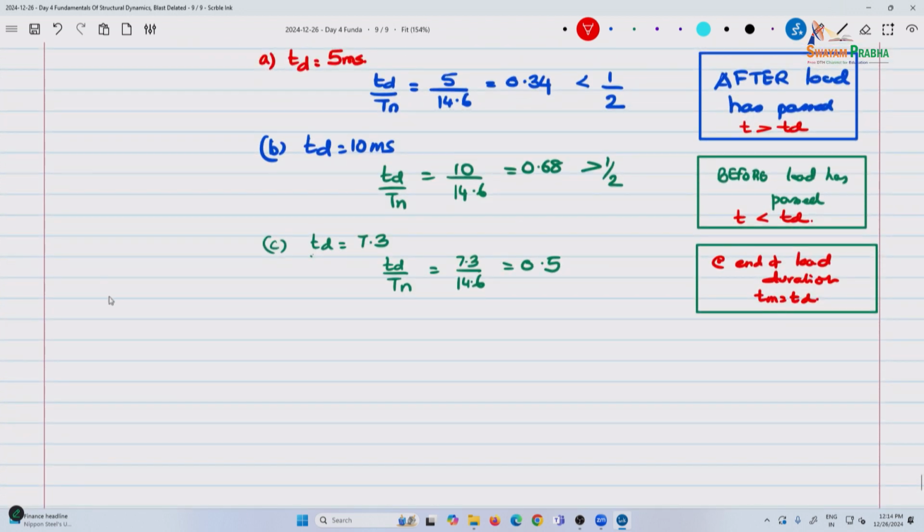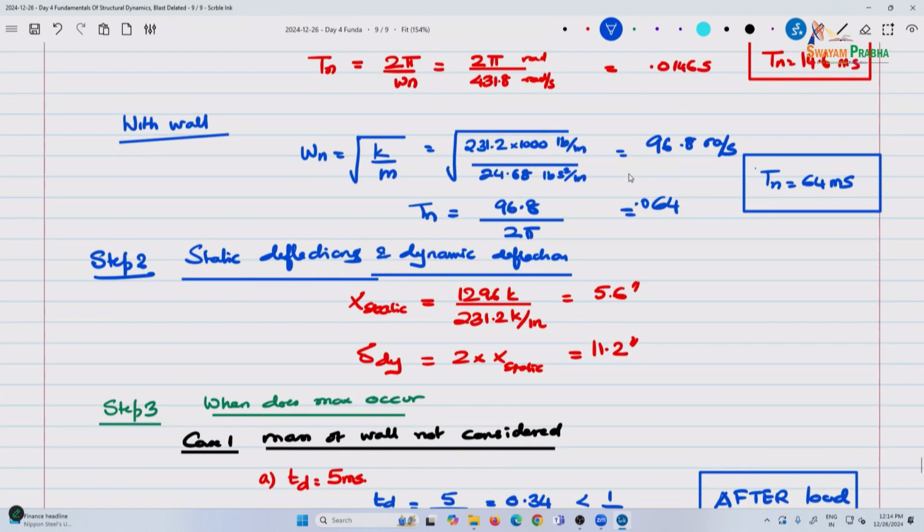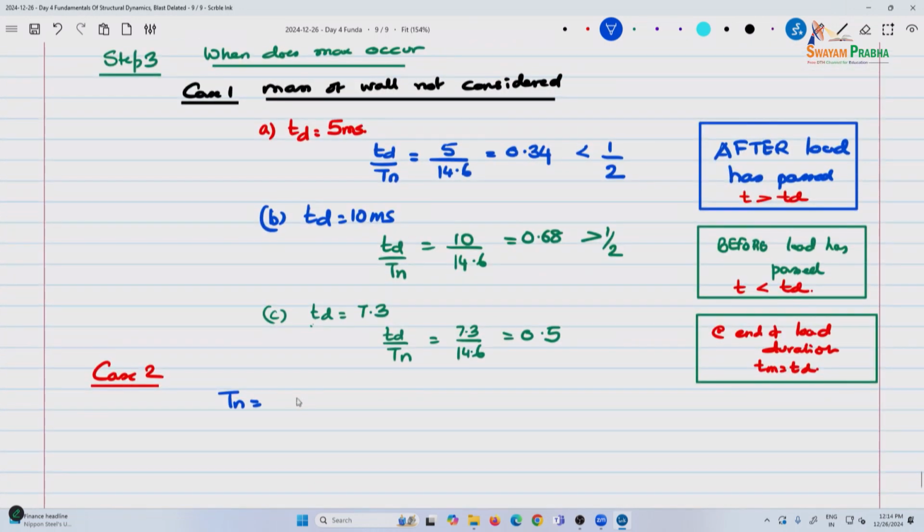Now, let us look at case 2. Again, I have not done this. So, in case 2, what was Tn? 64 milliseconds. And Td, let us even consider the worst scenario, either 5 or 7.3 or 10 milliseconds. Let us consider 10.